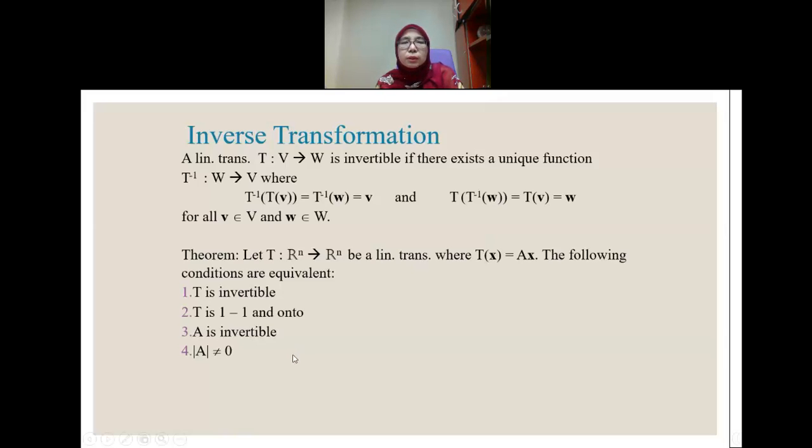So when we want to work with the inverse of a transformation, we should work with the standard matrix A. If the standard matrix A is invertible, then T inverse exists.